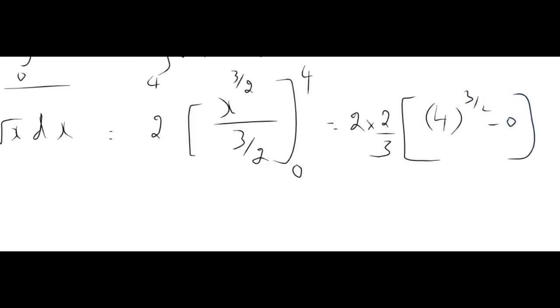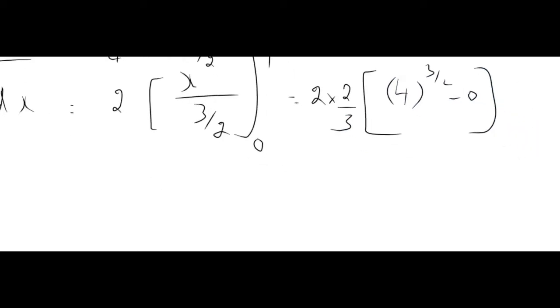4 raised to the power of 3 by 2 is nothing but, I can write 4 as 2 squared. 2 squared to the power of 3 by 2, the 2 and 2 will get cancelled.